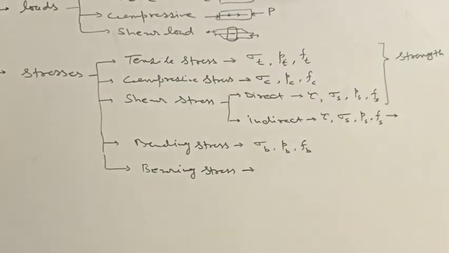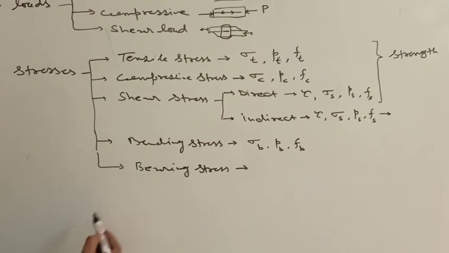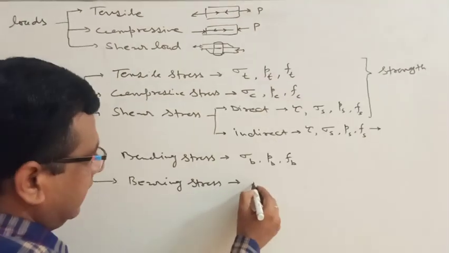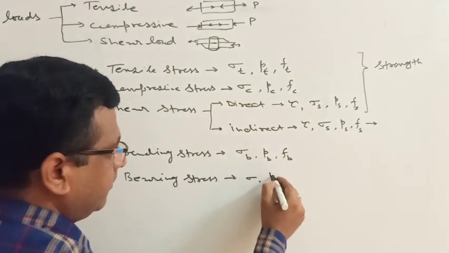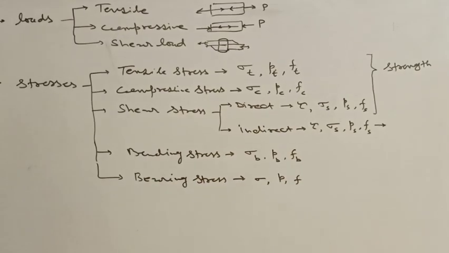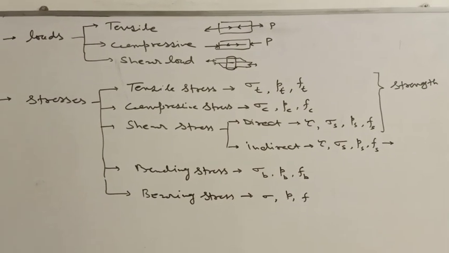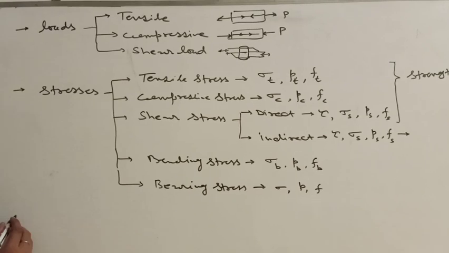This bearing stress is considered while we are considering the oversizing of any parts. Then this is defined as sigma P or F. We can use any kind of notations. So friends, these are the various stresses induced in our material while we are loading a material.